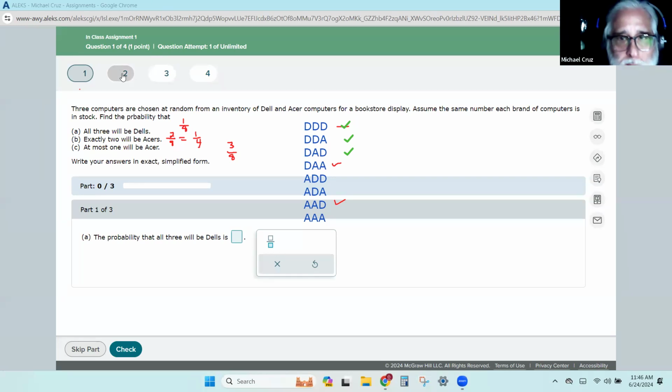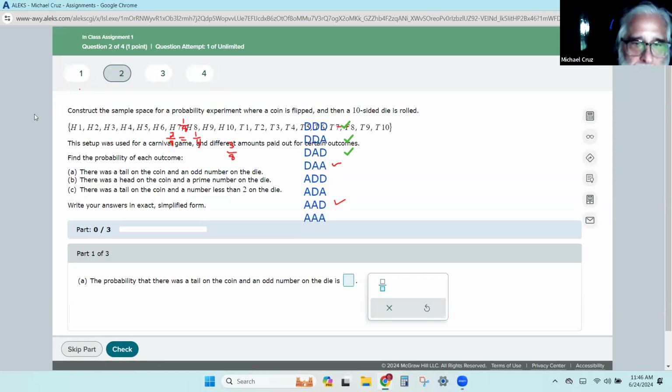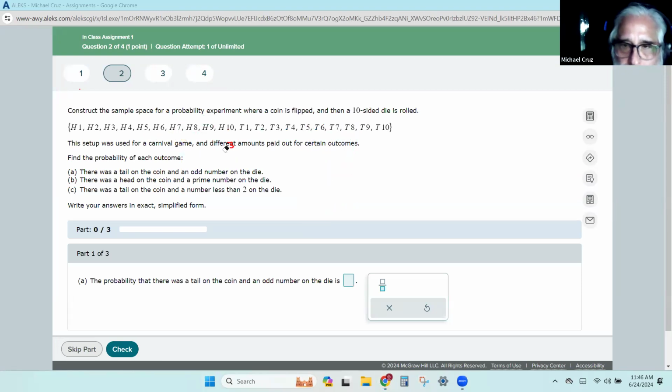Let's see what's on the second one. All right, this one's got a tree drawn out for us. It's very similar to the one that I just showed you with the coin flip and then the toss of the die, except now we've got a coin flipped, and then we've got this funny 10-sided die.